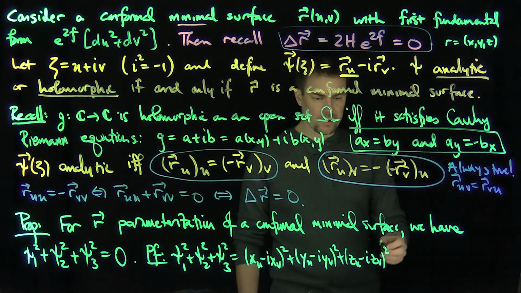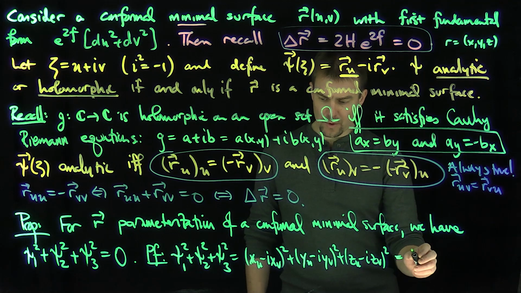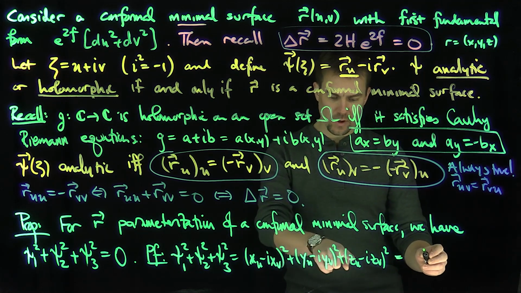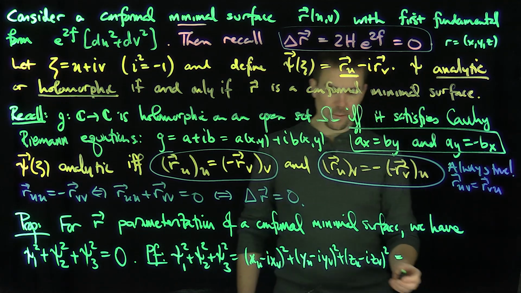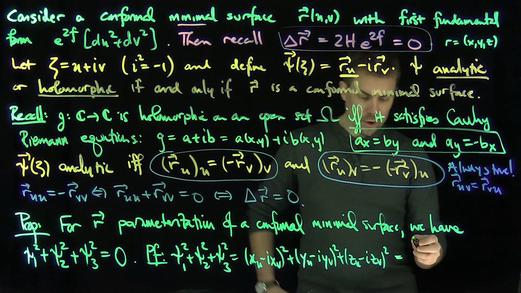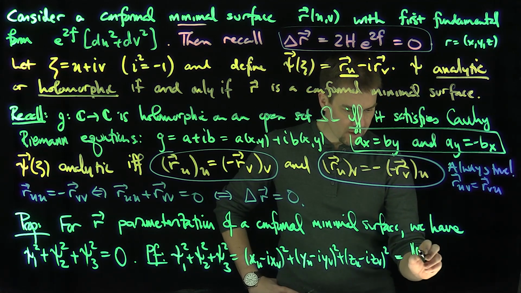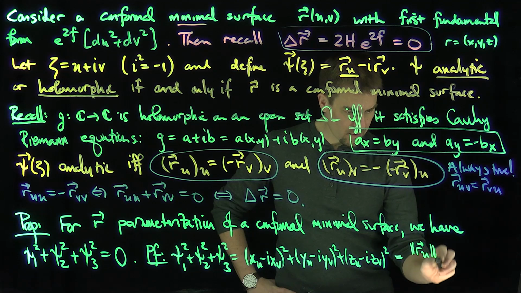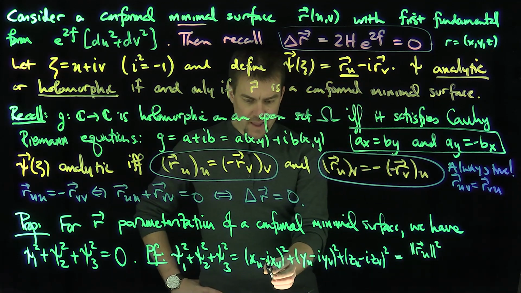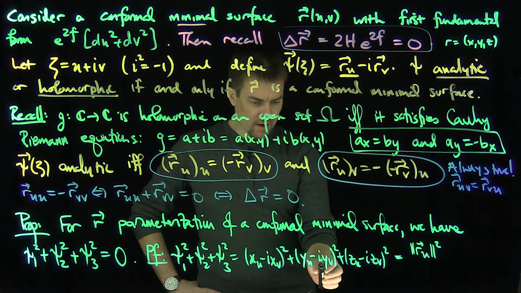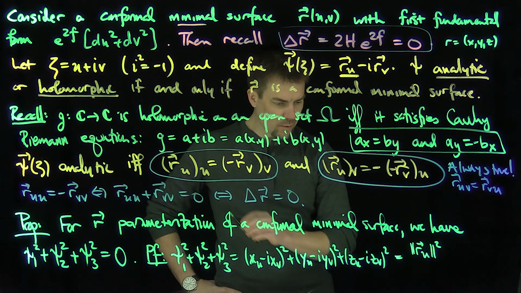And so we're going to the pure squared terms. What are the pure squared terms over here? The pure squared terms are going to be x_u squared plus y_u squared plus z_u squared. What's that going to be? Well, that's just going to be the length of R_u squared. Then we're going to have a negative i squared x_v squared, negative i squared y_v squared, negative i squared z_v squared.